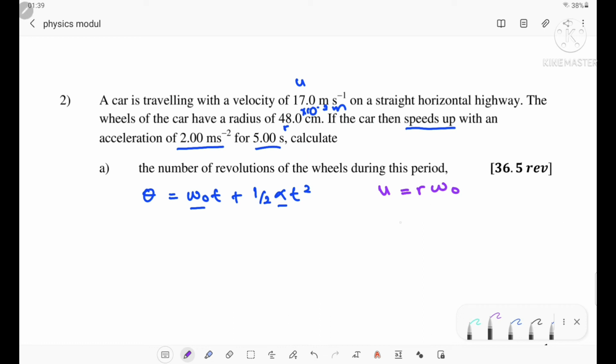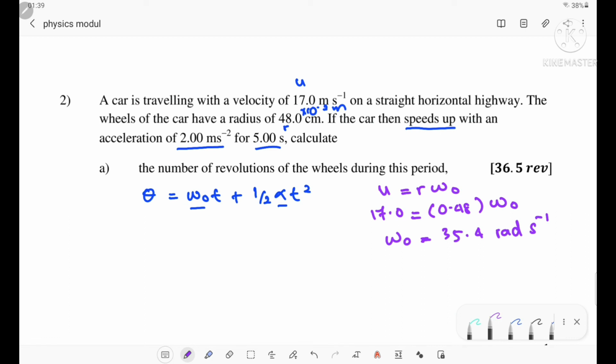So from this you can calculate omega naught. We substitute the value for u: we have 17 equal to r, which is 48 centimeters. Don't forget to use SI units, meters, so 0.48, times omega naught, and then we can calculate omega naught. We get 35.4 radian per second.